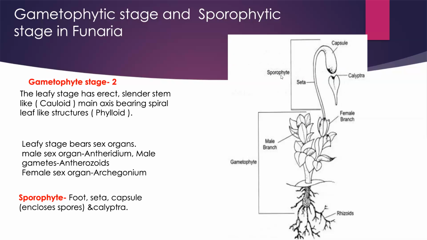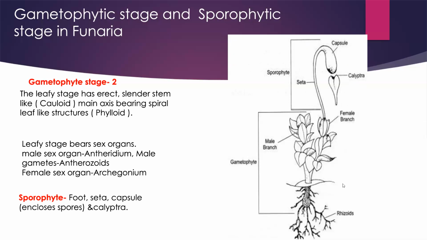And from this sporophyte, by the process of meiosis, spores develop which are haploid, where the diploid cell undergoes meiosis to form haploid spores. These haploid spores fall on the ground, and from a haploid spore, a haploid gametophyte develops.